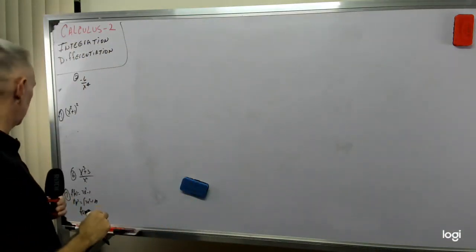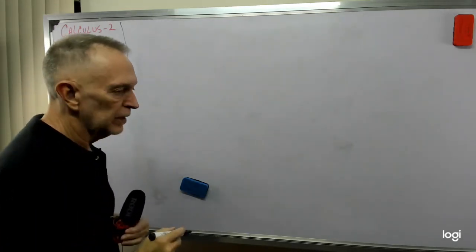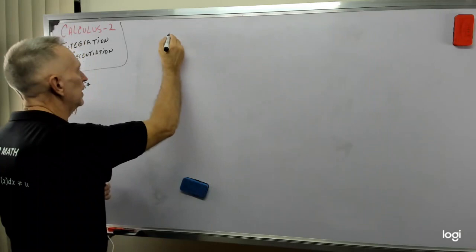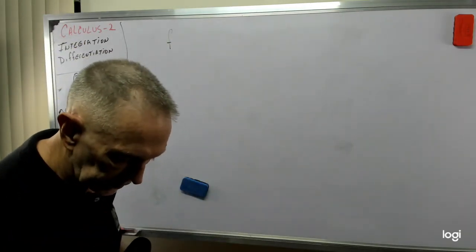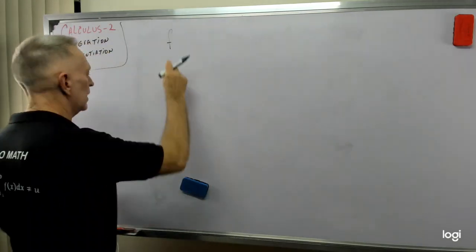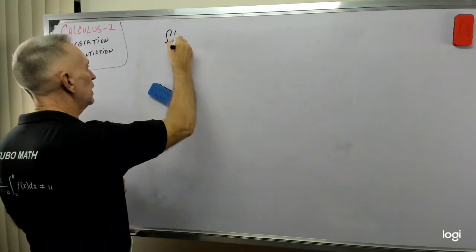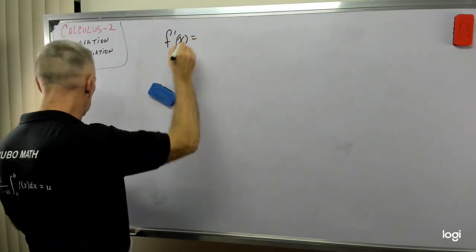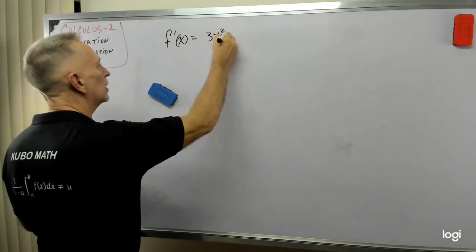Okay, all right, let's work one where we have a derivative defined. Let me get a new pen. All right, so let's say f prime of x equals 3x squared minus 1.